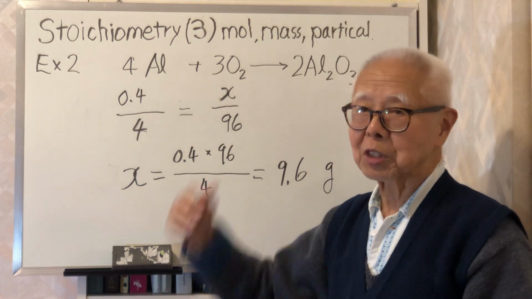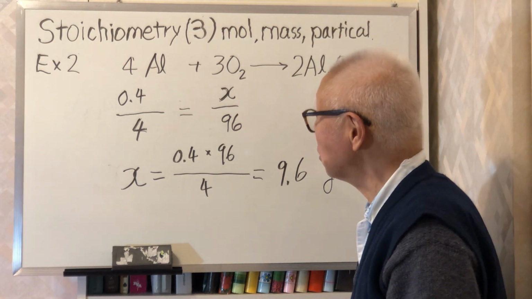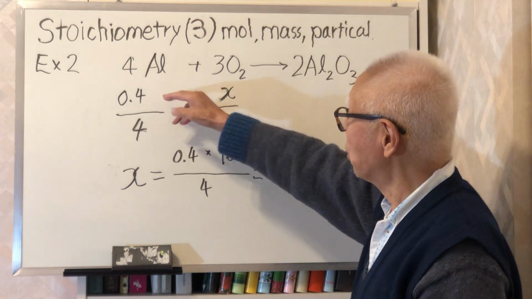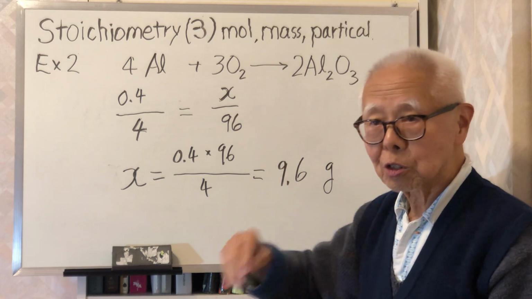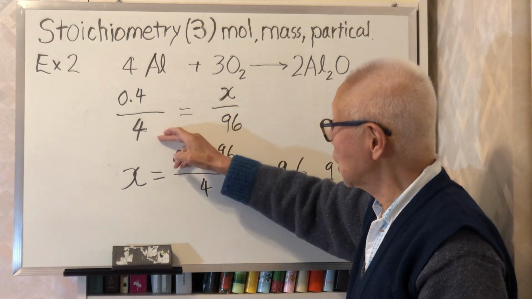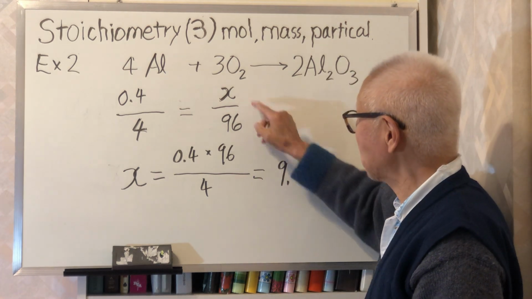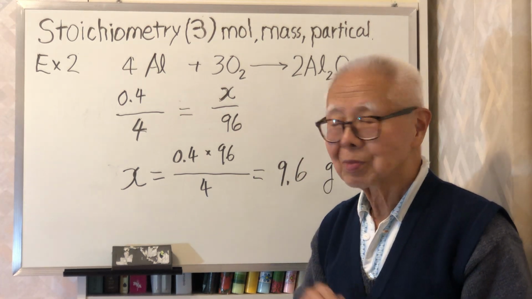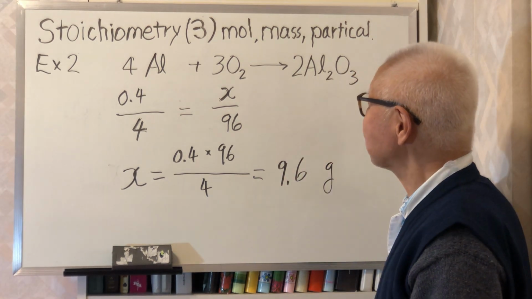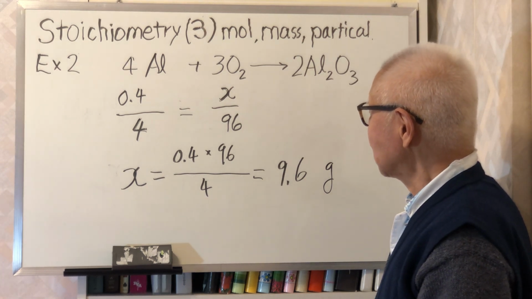So this is very similar to the first example, except I have mole here, gram here. So remember, mole and mole, gram and gram, you must have the same units. Okay? And one more tip.